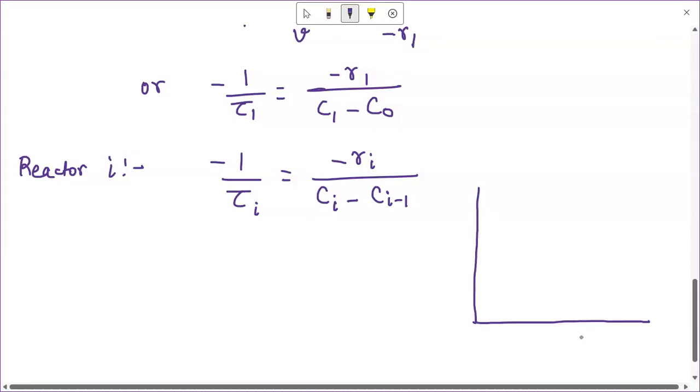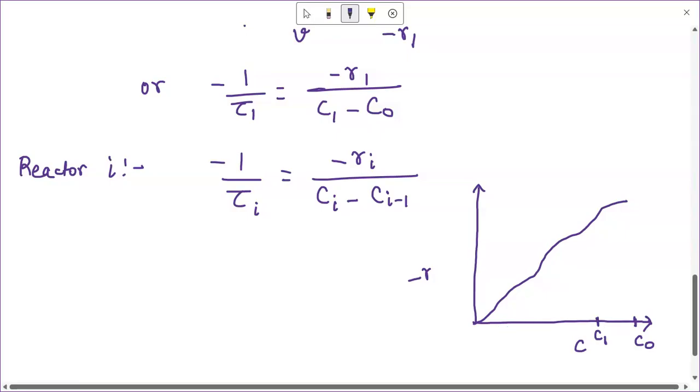On the x-axis we will have concentration C, and on the y-axis we have minus R. If you plot this, let's say you get an arbitrary curve like this. Okay, and this is your point C0, right? This is the point C0. When you come to the concentration C1, which will obviously be lower than C0, that is why I am moving in the negative direction of the x-axis.